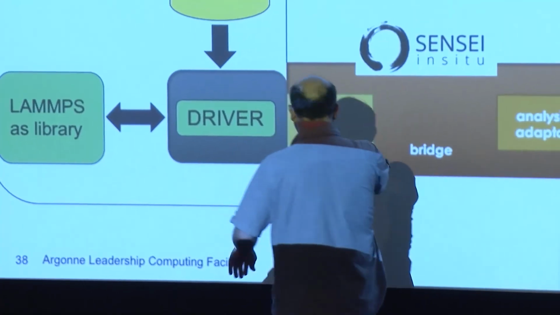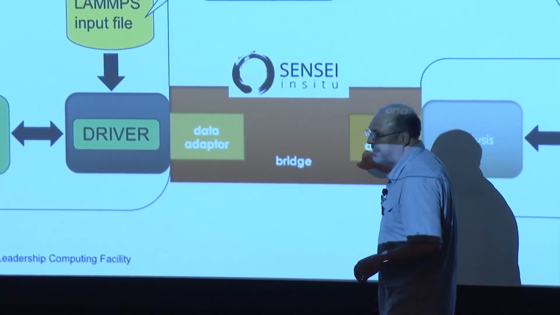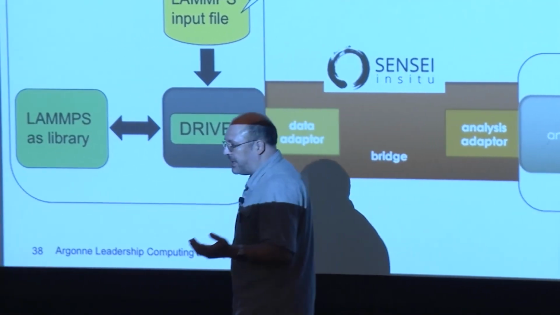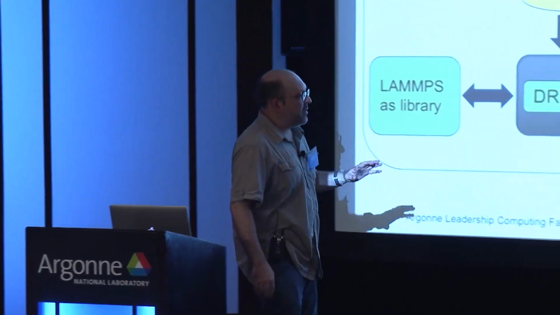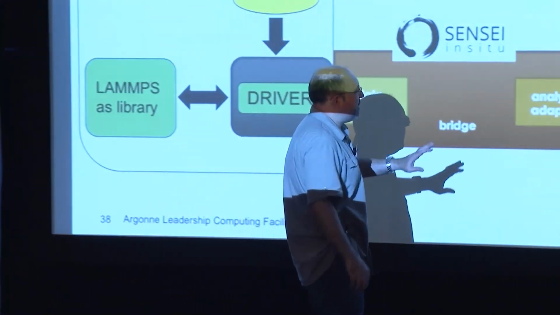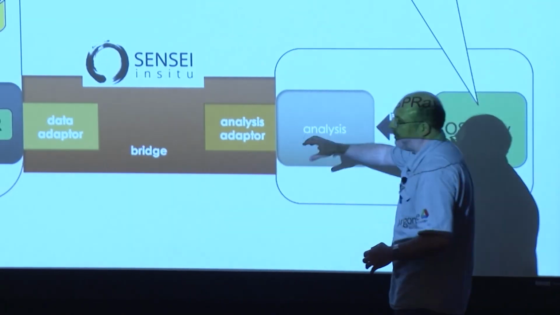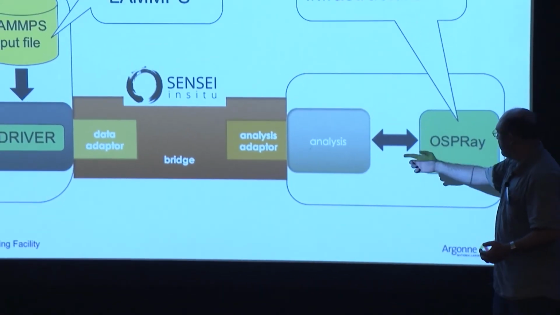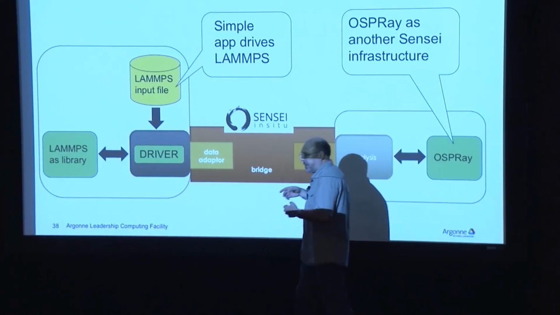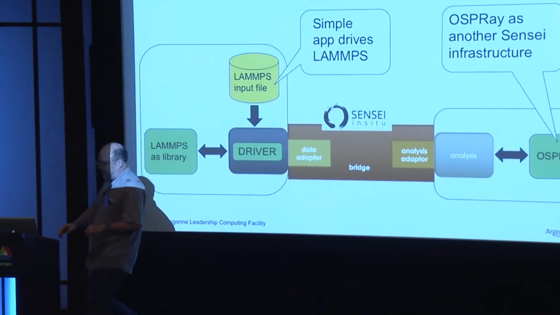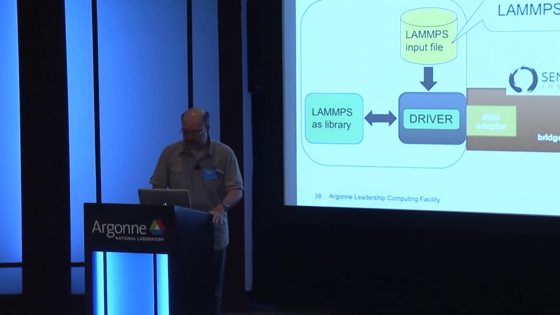We have a data adapter there, our bridge, and multiple analysis adapters already available in SENSEI. In our case, we created one specific adapter to talk directly to OSPRay, passing the particles coming from the simulation to OSPRay, the ray tracer. In that case, we can interactively visualize the data as it's being simulated.